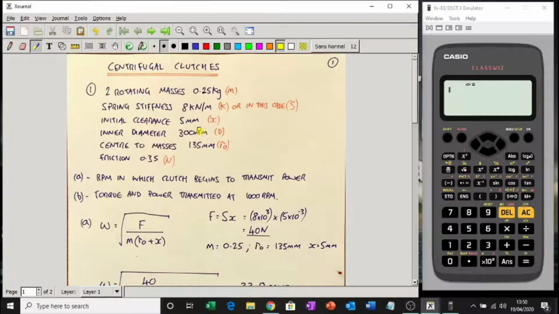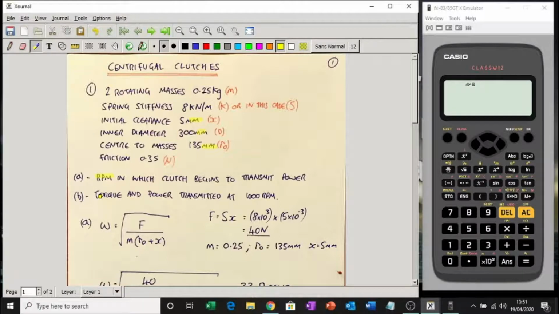Obviously, these have got to be in meters. We'll convert them into meters soon. That's the correct unit there. Don't forget 8K means 8,000. 0.25 is in kilograms. So we need to work out the RPM now, in which clutch begins to transmit power. So this thing is going to spin. The masses are going to move out, and it's going to transmit power at a certain RPM, which we need to work out.